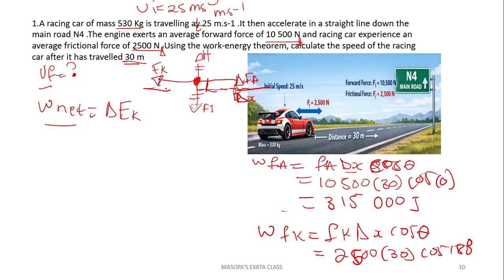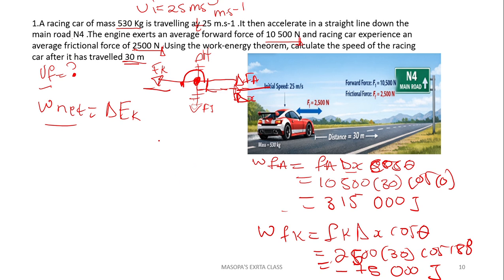Because delta x and Fk are in opposite directions. You can see that here going 180. The work done by the Fk should be negative because it does negative work on the object. So we're getting 75,000 joules.